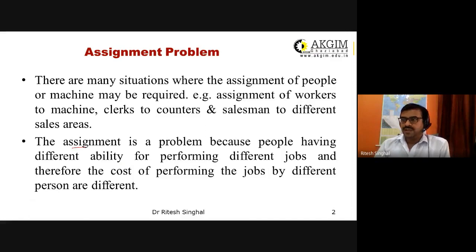So here there is a task, a problem before the manager: he has to assign the job to the person in such a way that the total assignment time or the total assignment cost is kept at a minimum level.